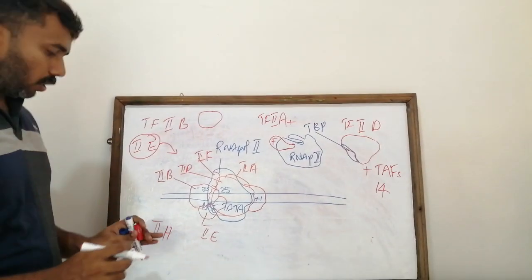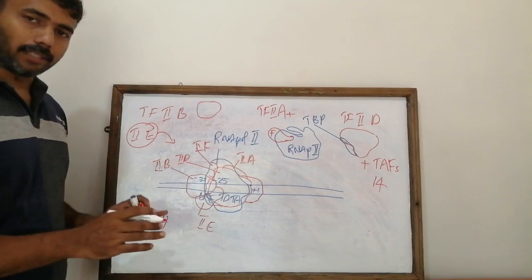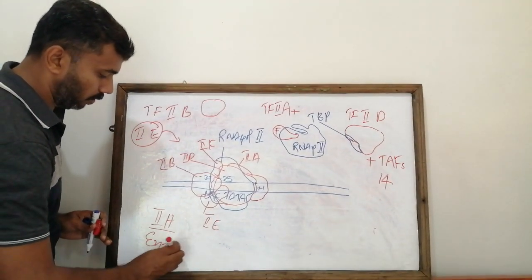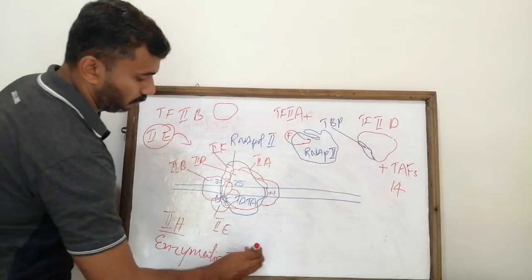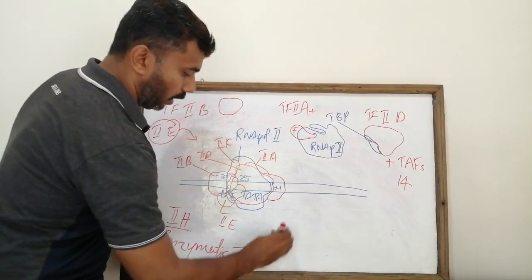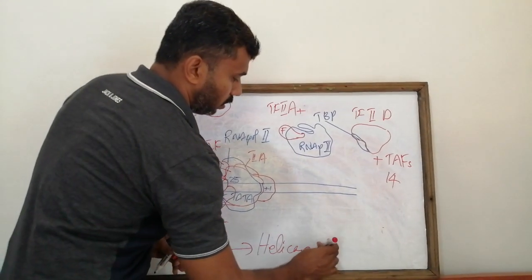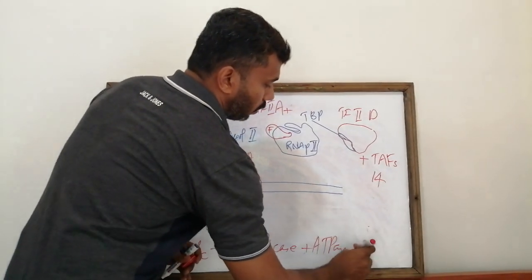As we already know, TF2H is a multi-subunit factor, and moreover it has enzymatic activity: helicase plus ATPase plus kinase activity.